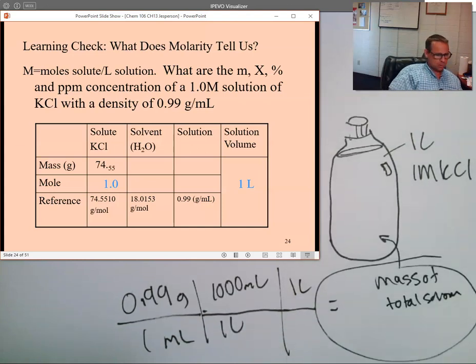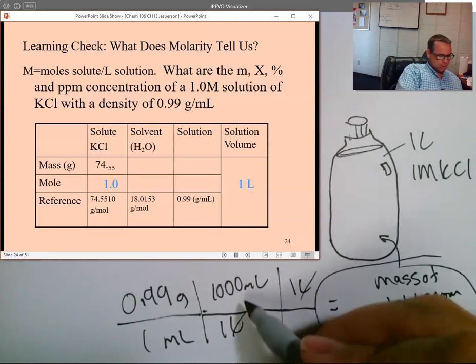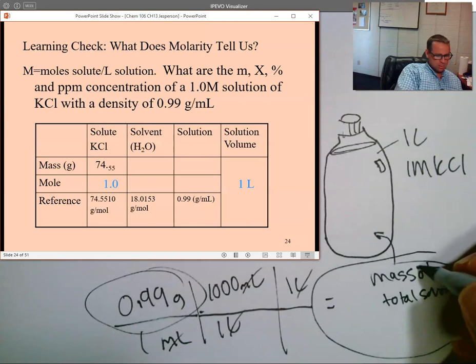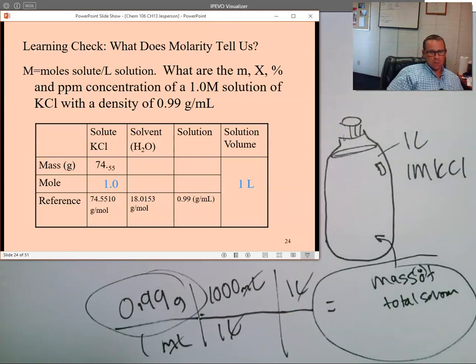Is that how we would do that? Yeah. Liters goes away, milliliters goes away, and I'm left in grams, the mass of my total solution. And that looks like it's going to be 0.99 times 1,000, or 990. Is that true? So I have 990 grams of my solution. All right, good job, Aisha.